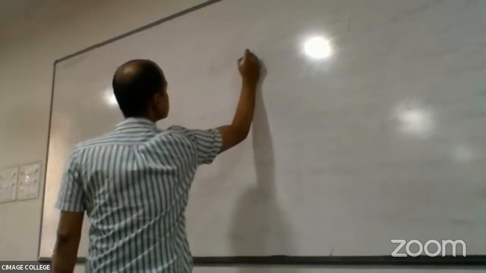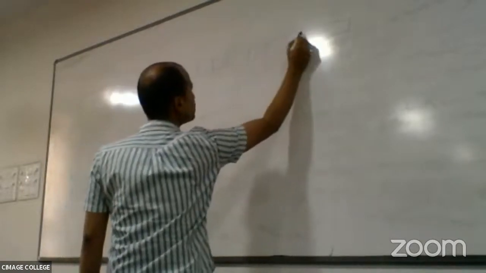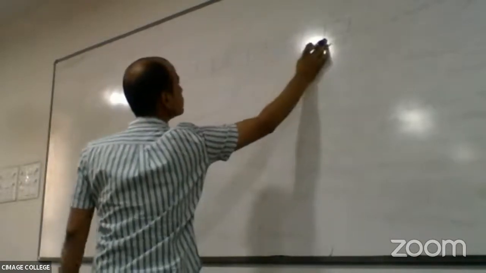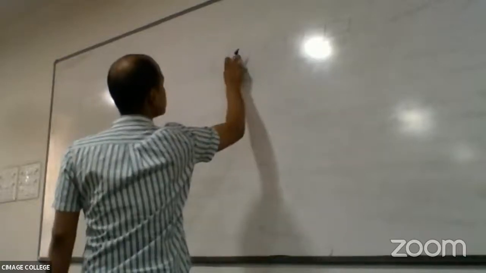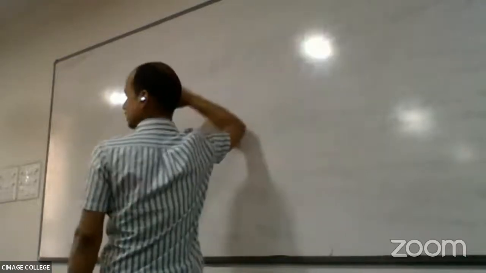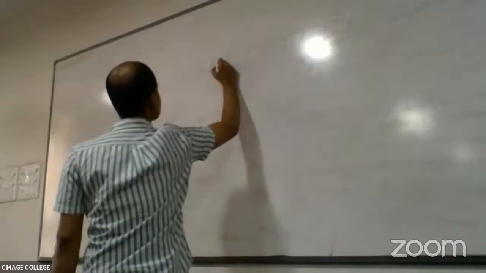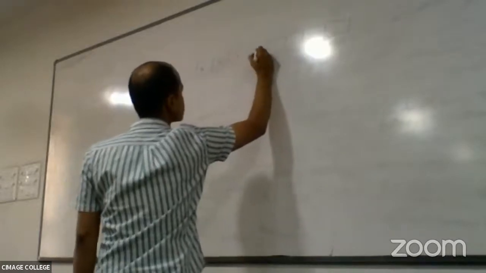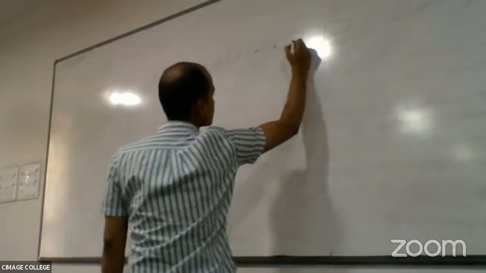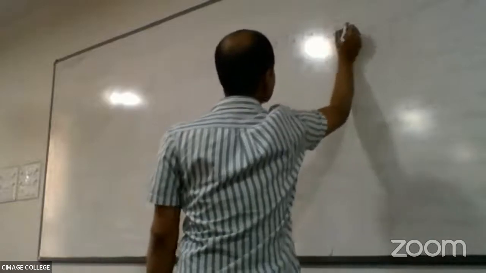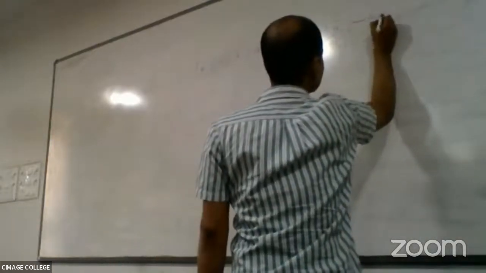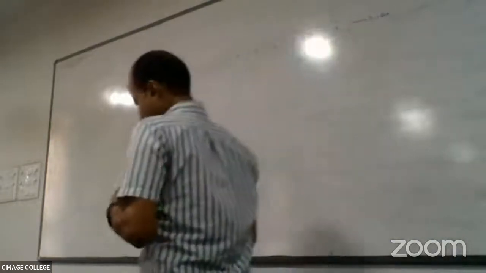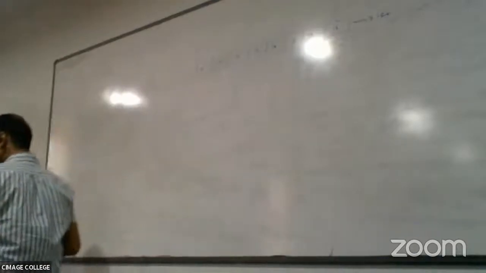1, 2, 3, 4, 5, 6, 7, 8. And in every group there are 16 bits. Total 128. But IPv6 is represented in hexadecimal numbers. So how will we use this number?